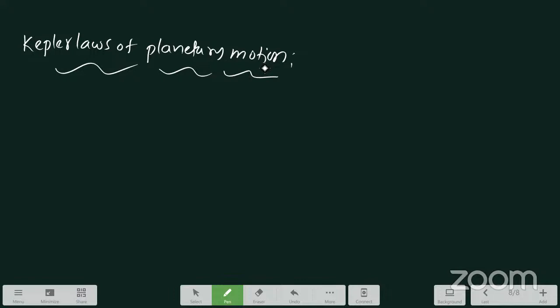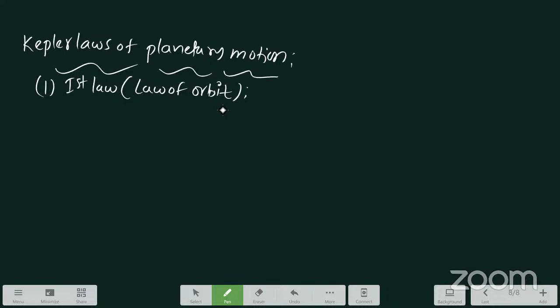John Kepler suggested three laws. The first law is the law of orbit. Next, the law of area. The third one is the law of period, the time period.